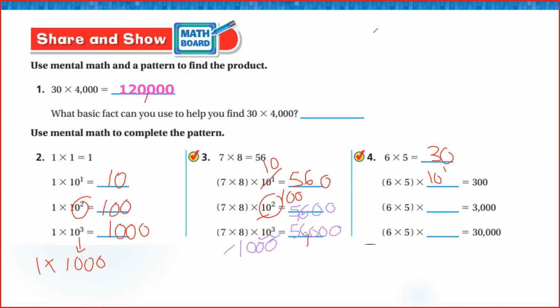Bravo. Because 6 times 5 is already 30, if I remove the 0 of the product, how many zeros are left? We have only 1 zero. So it's going to be 6 times 5 times 10.